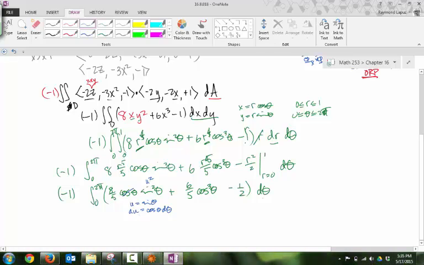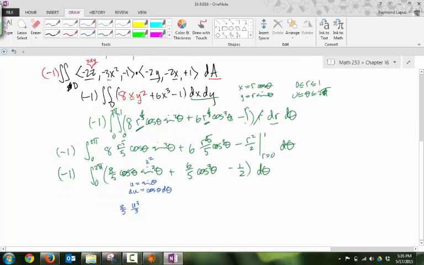And then the antiderivative of u squared is u cubed over 3 times 8/5. And now we'll put the sine back in. So it looks like we will have 8/15 sine cubed theta. So that's the first one.